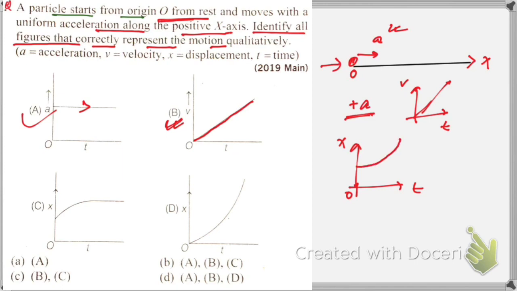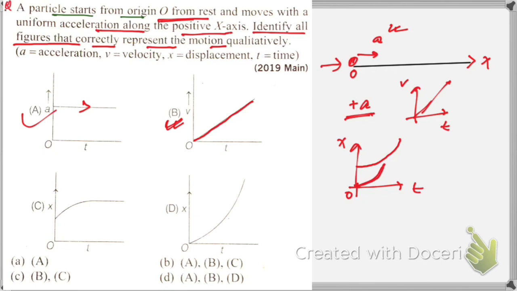So this is correct for that kind of motion. If the object is not starting from the origin, it has some initial position x naught, suppose. But if it is starting from the origin, then the graph should start from the origin, of this shape.